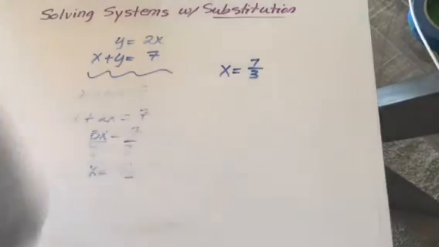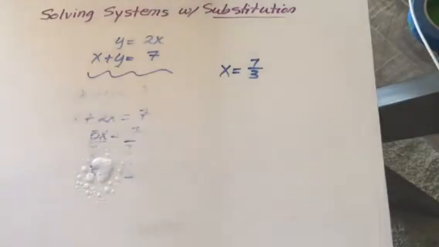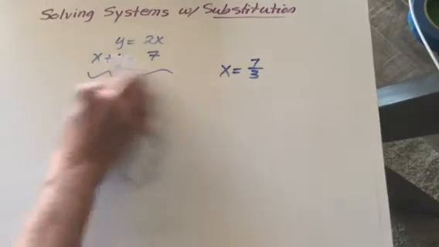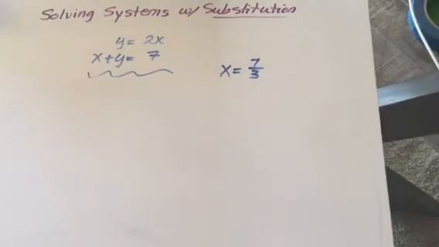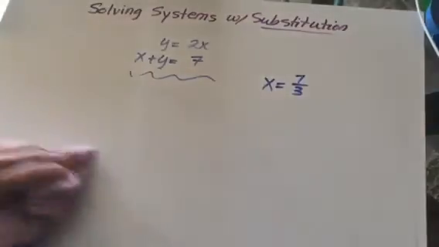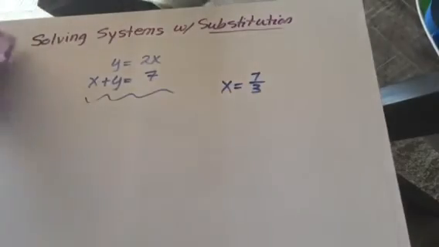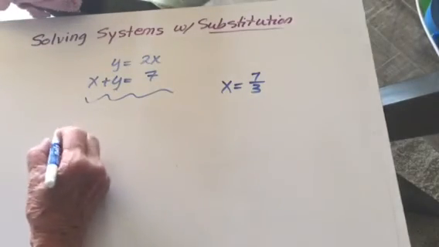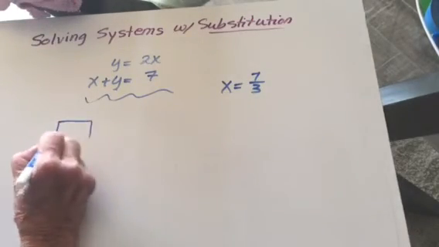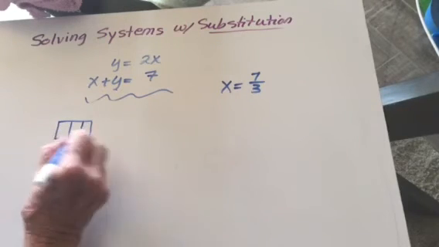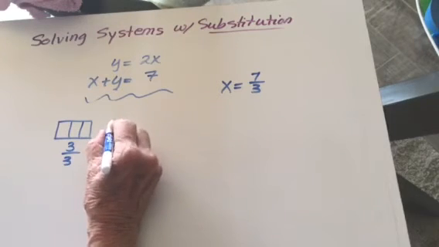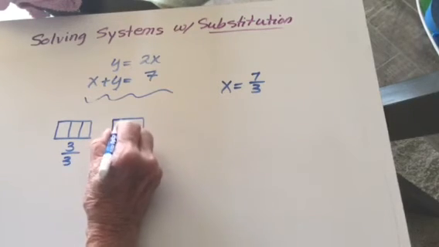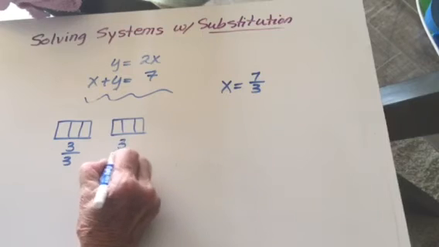Can I show you what 7/3 looks like? If I have something and I divide it in 3 parts, there's 3/3. Well, that's not 7/3. Let's do it again. There's 3/3.